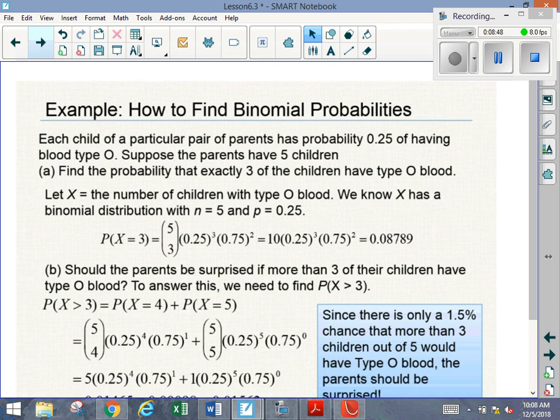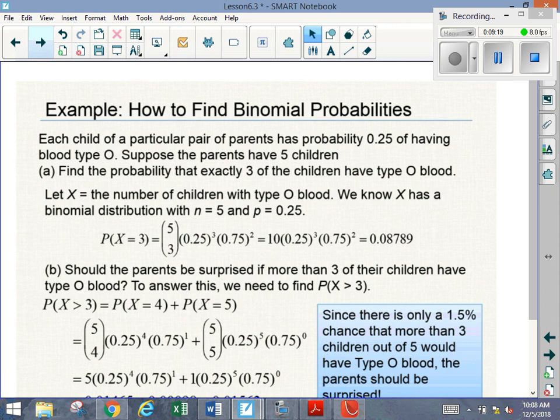Is this situation binary? Yes. Either the child is born with type O blood or they're not. Second, is each trial independent? Yes, because having a child with type O blood does not affect the probability of the next trial. Is there a set number of trials? Yes, they're only having 5 children, not infinite children.